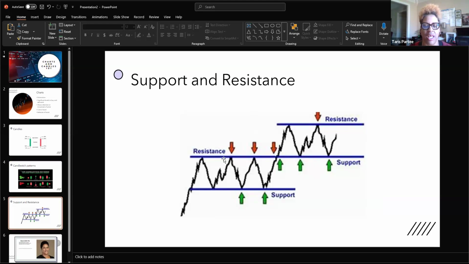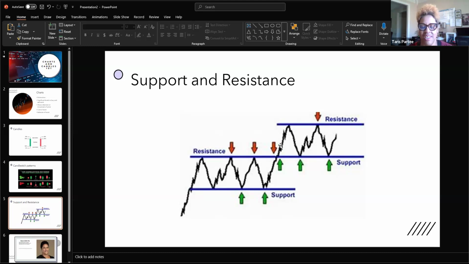But when we come to a level of resistance, that is where we want to sell. When you think about resistance, you think about somebody is resisting you. They're pushing you down. They're keeping you from going up. And if someone is supporting you, they're holding you up. They got your back. So they want you to go forward.